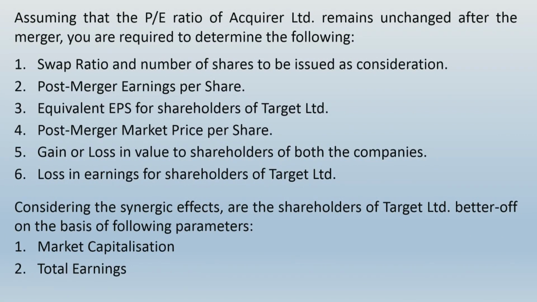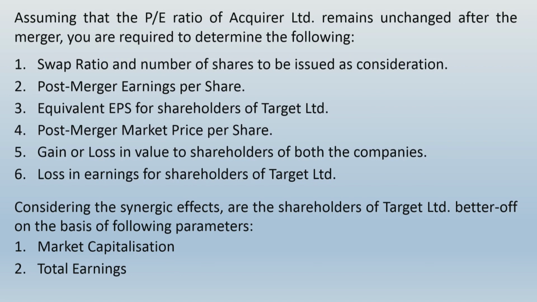Assuming that the PE ratio of Acquirer Limited remains unchanged after the merger, you are required to determine the following. Number 1, swap ratio and the number of shares to be issued as consideration, followed by post-merger earnings per share and equivalent EPS for shareholders of Target Limited.